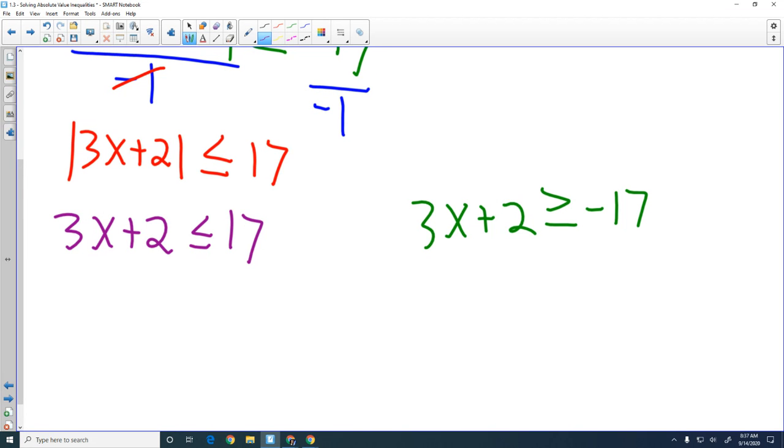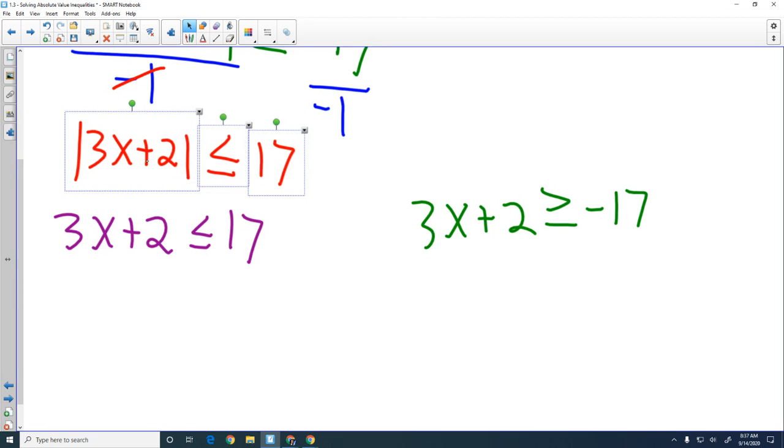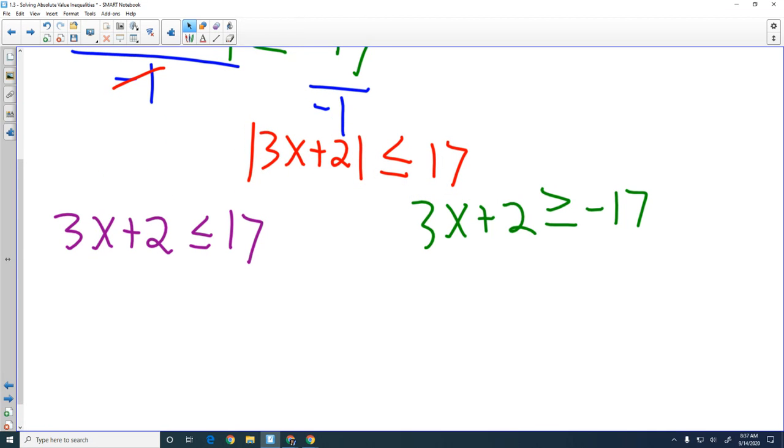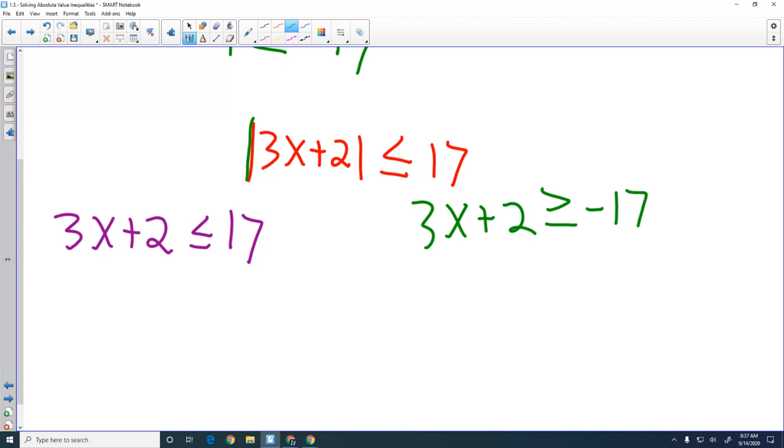So the rule, when you've got a single absolute value inequality, let me erase this for you to clean it up. From a single absolute value inequality, when you've got that absolute value isolated, we write our two different problems.